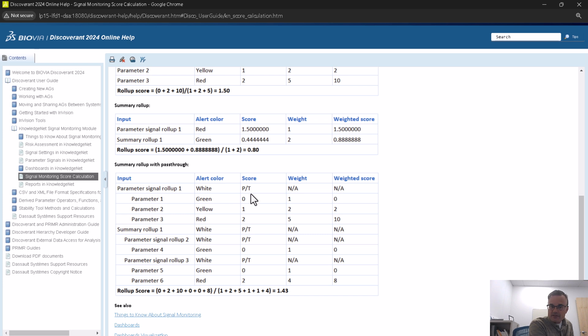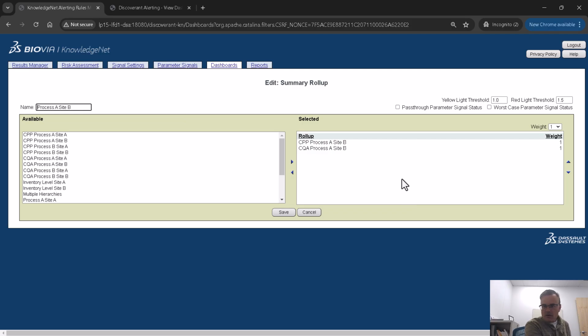The only other thing that you need to realize is you can have pass-through values. So if I go back to, okay, here is a case where you can have a pass-through value. If you choose a pass-through value, in this case, if this was checked, then any of these that had an alert would pass all the way up through the roll-up to the top.